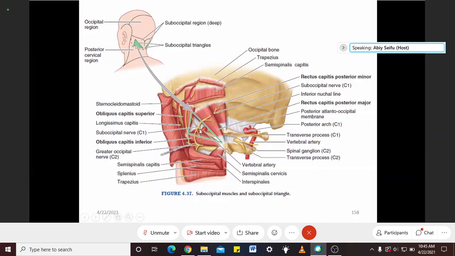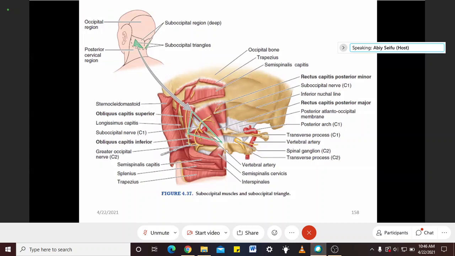It contains primarily neurovascular structures, the vertebral artery and the suboccipital nerve. Here it is from the other side. This one is the suboccipital nerve, and this one is the vertebral artery. Remember, this is the posterior atlanto-occipital membrane, which is pierced by the artery as it enters the vertebral canal and then enters the cranium.